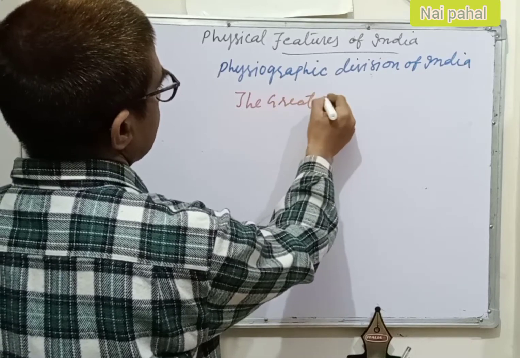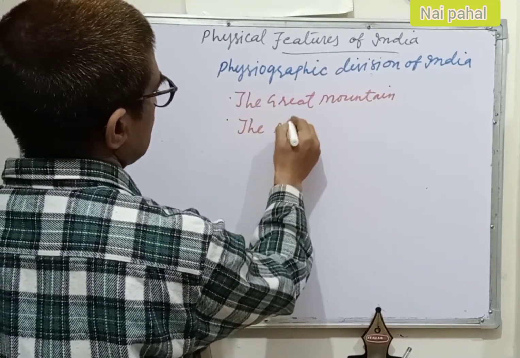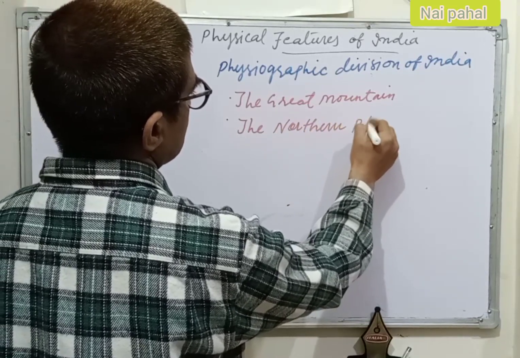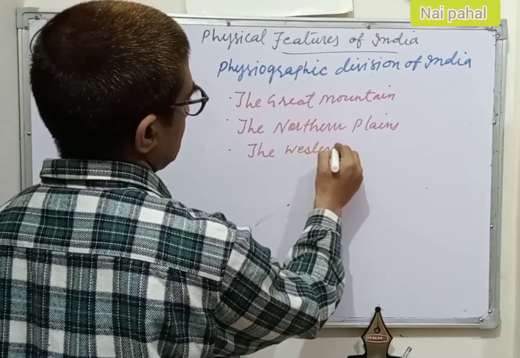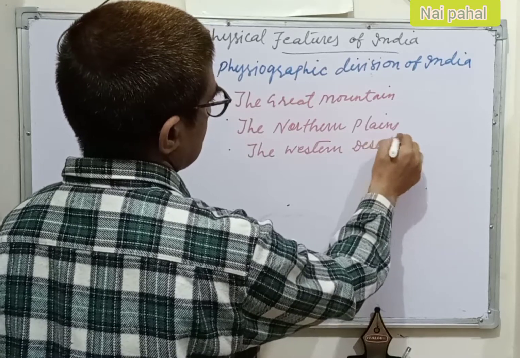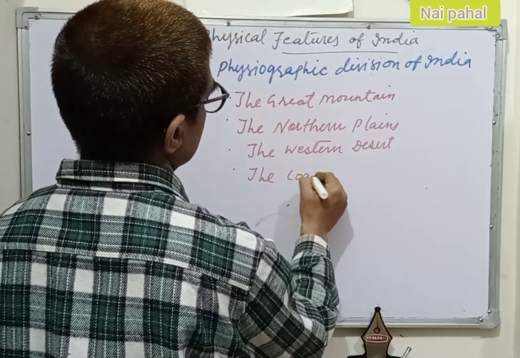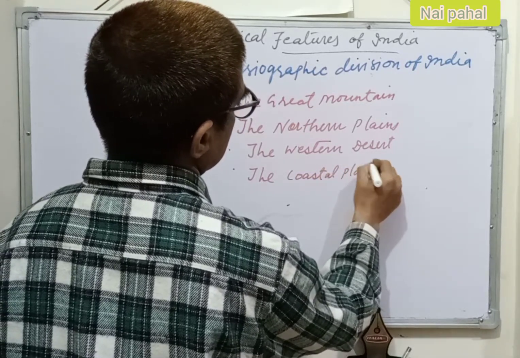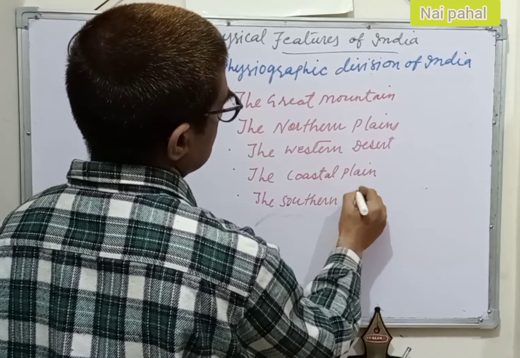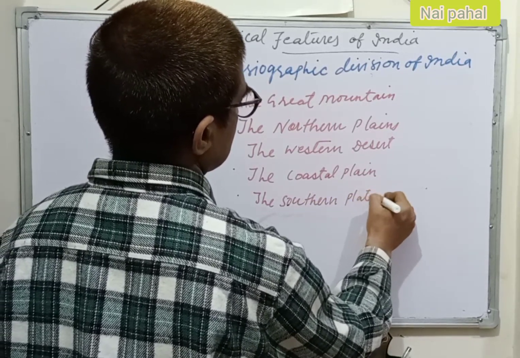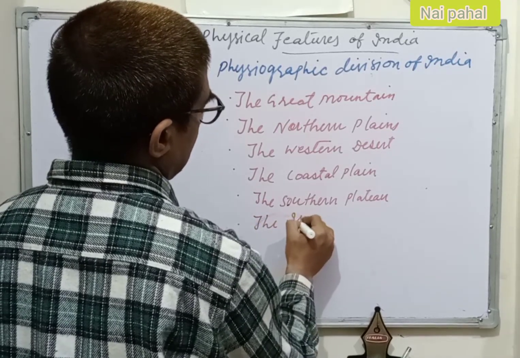The Great Mountains, second the Northern Plains, next the Western Desert, next the Coastal Plains, next the Southern Plateau, and last the Islands.